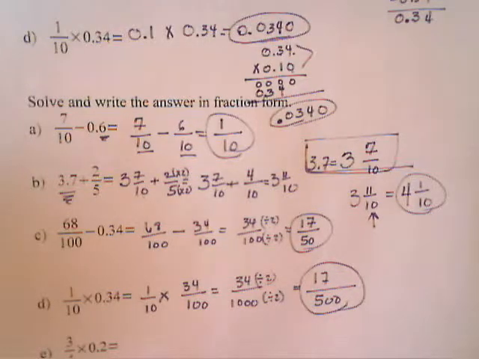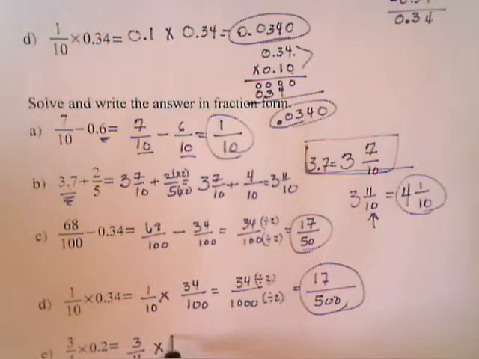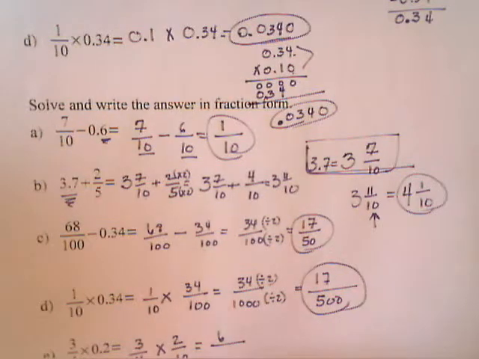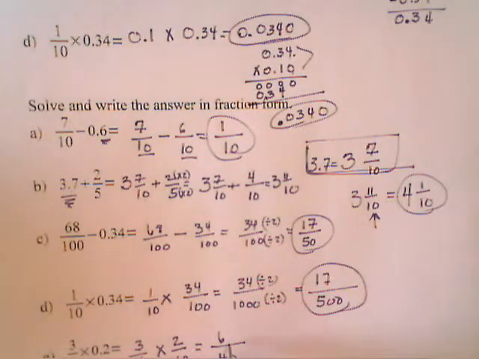All right, problem E. I've got 3/4, and here I have 2/10. So I've got 3/4 times 2/10. I end up with 3 times 2 is 6, and 4 times 10 is 40. And we can reduce that. We could divide the top and the bottom by 2.